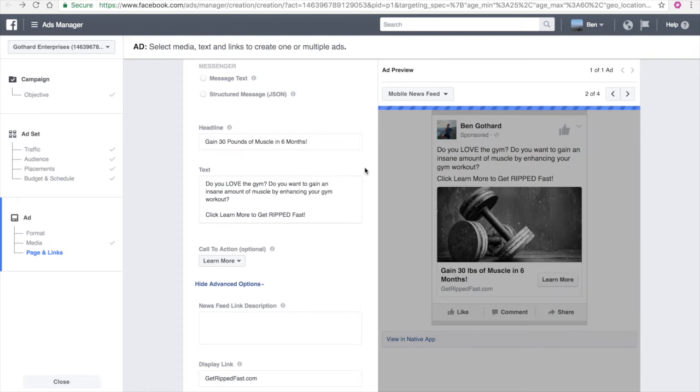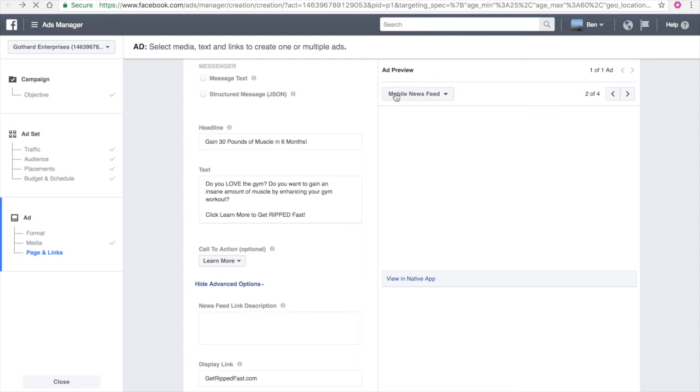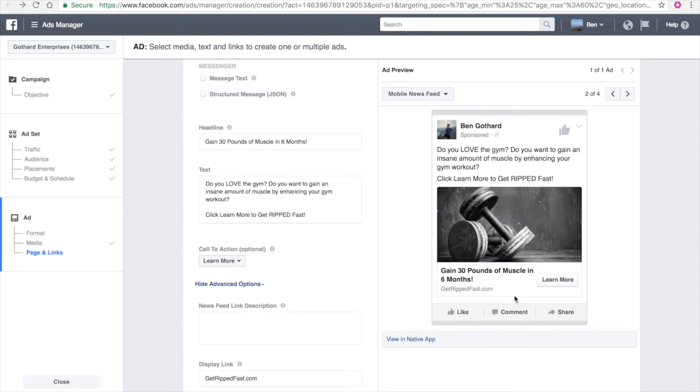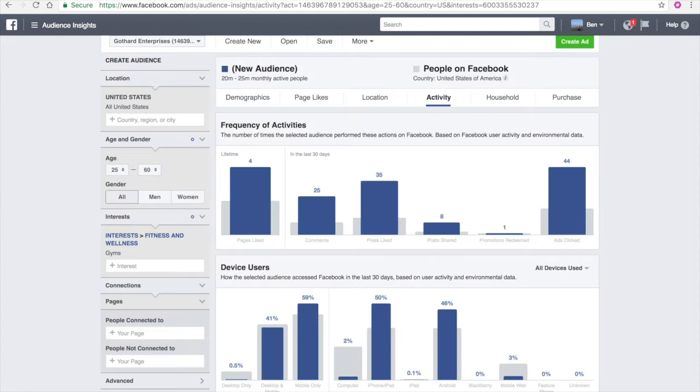So forgive me if I'm doing that, but it's just to show you the example. So mobile, we have to make sure it's optimized for mobile, especially because, if we remember, 59% of our group is using mobile only, and 41% is using both desktop and mobile.